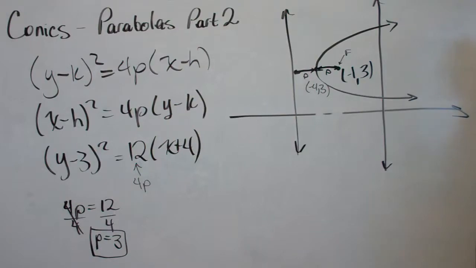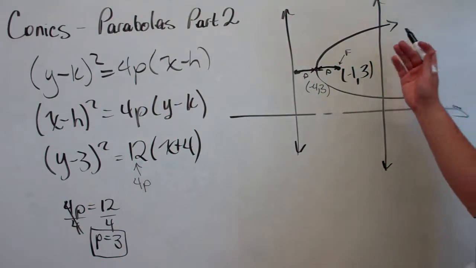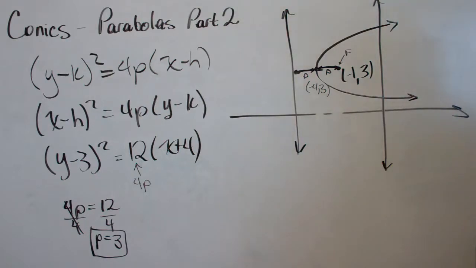So our focus point is (-1, 3). If this parabola opened the other way, we would have subtracted it. We would have done our center point minus p to go the other direction. And then of course up you add and down you subtract as well.